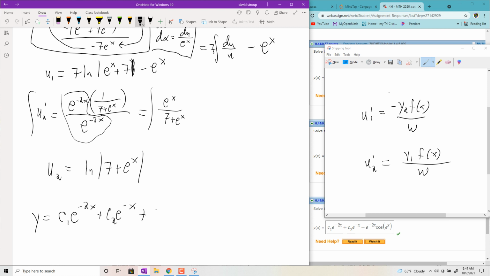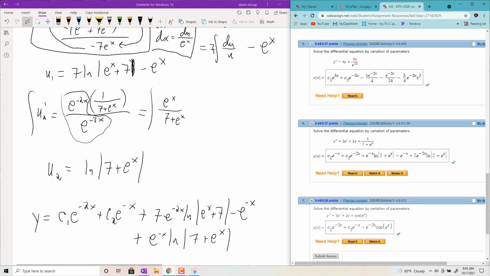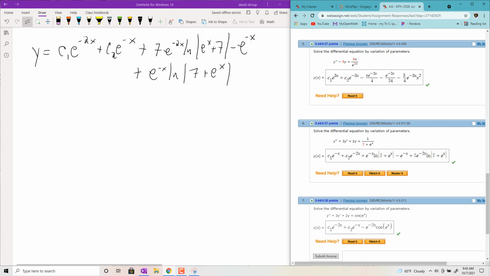So that would be 7, distributing, 7e to the negative 2x ln absolute value of e to the x plus 7 minus e to the x times e to the negative 2x is e to the negative x, and then plus y2 times u2, which is e to the negative x times the ln of the absolute value of 7 plus e to the x. Did I get it? Sure looks like it. Okay, great. So there it is in all of its glory.